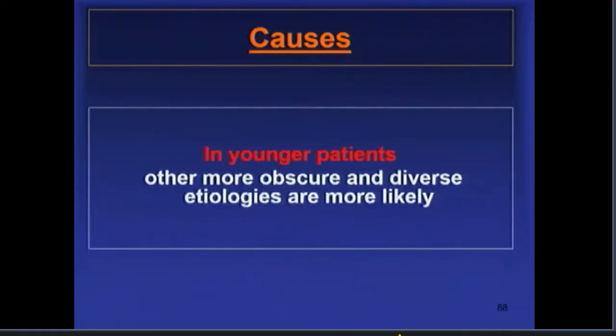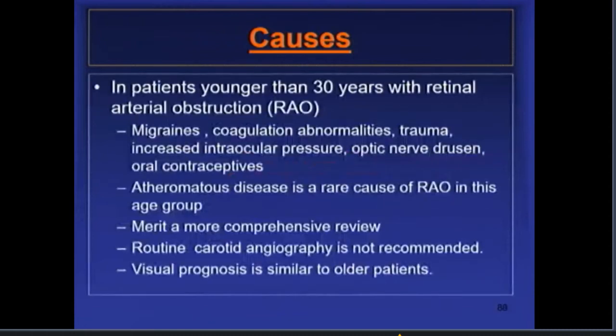In younger patients, more obscure and diverse etiologies are likely, and we need to look for them and know the varieties of possible causes. We have to look, in younger patients less than 30 years with retinal arterial obstruction, for migraines, coagulopathy abnormalities, trauma, increased intraocular pressure, optic nerve drusen, and oral contraceptives.